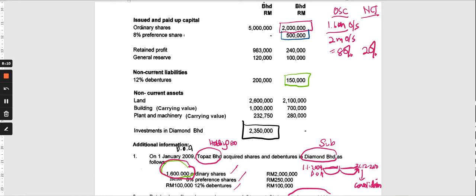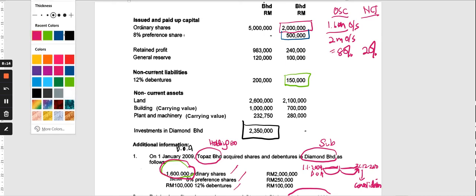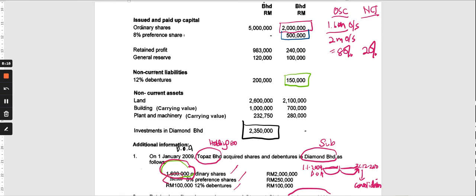The next one is for the 8% preference shares. For 8% preference shares, you acquired 250,000. So for the preference shares, what was acquired by the parent was 250 divided by the number of shares, because no information on fair value.